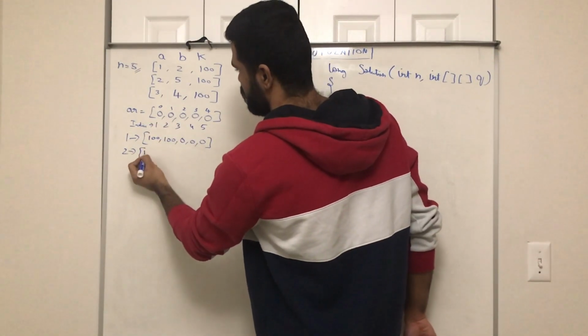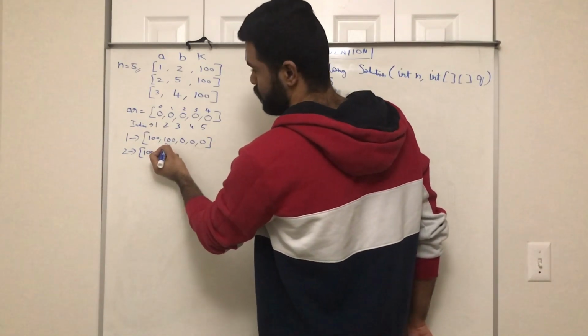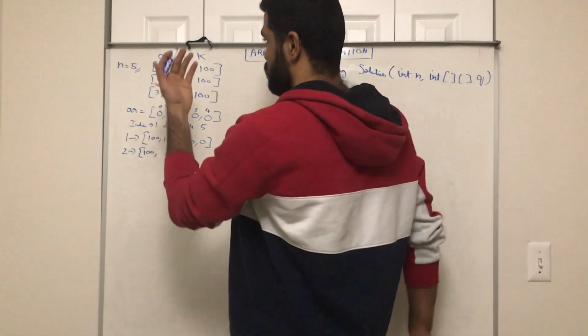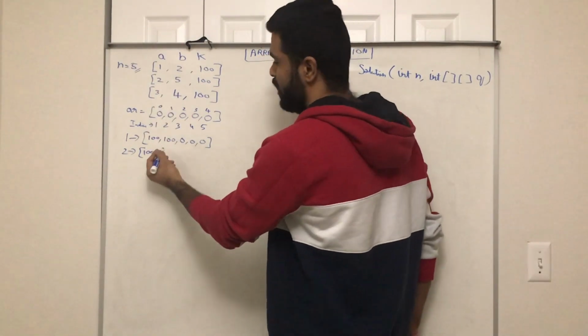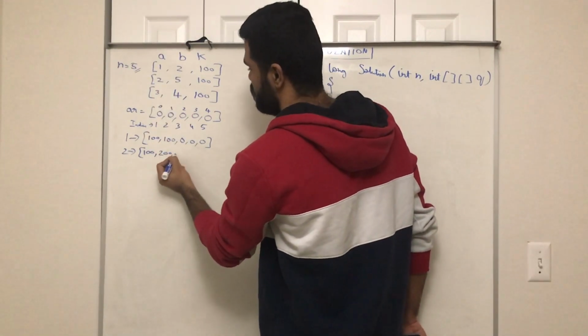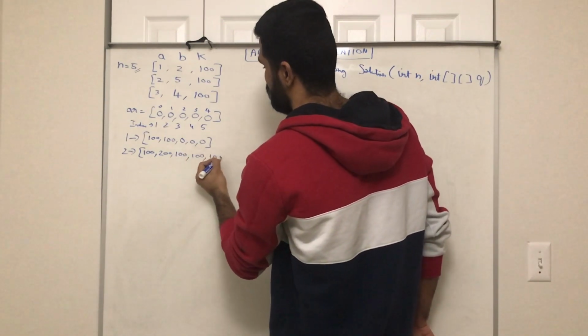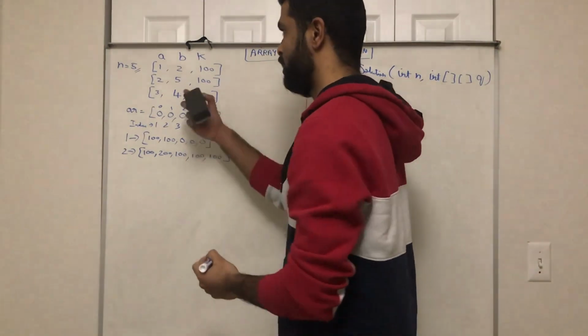It's already 100, so if I add one more 100, it will become 200, and all others will be 100, 100 and 100.